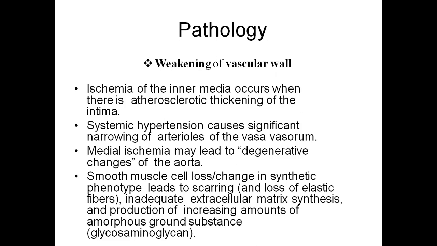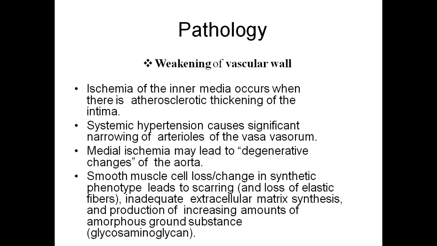Also, we said that there is a weakening of the vascular wall. So, if there is ischemia, a lack of oxygen supply to the inner media occurs when there is atherosclerosis. Systemic hypertension causes significant narrowing of arterioles of the vasa vasorum.